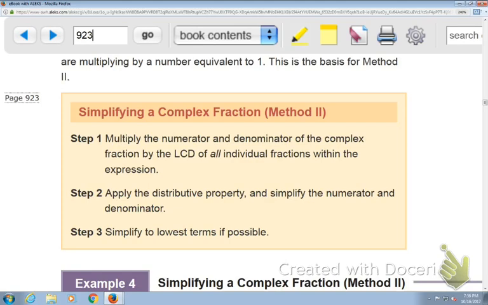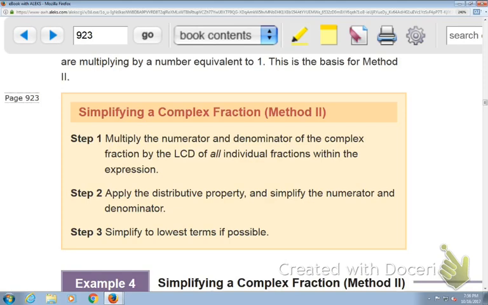Finding the LCD from all the individual fractions within your complex fraction. Then you're simply going to multiply the numerator and the denominator by that LCD. So in one fell swoop, we kill off the complex fraction. Now, it'll still be a fraction, but it won't be a complex fraction.